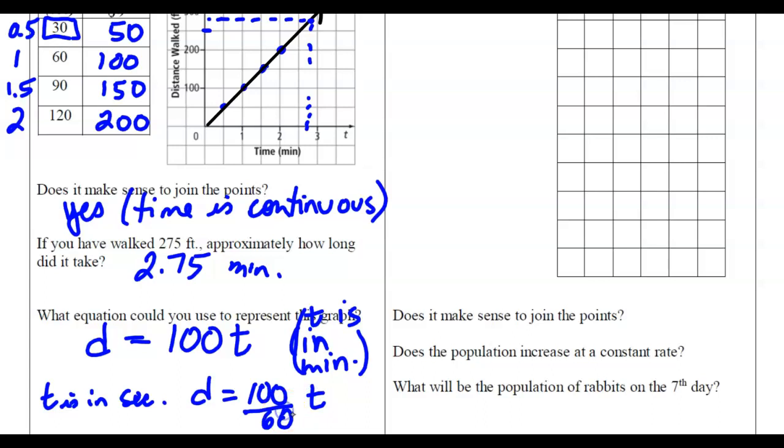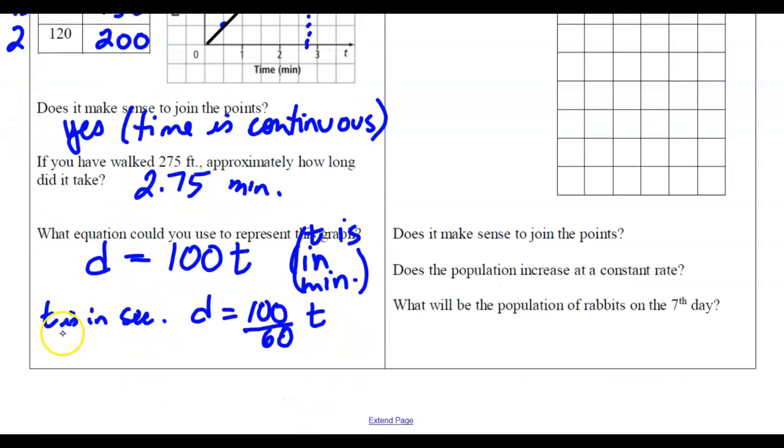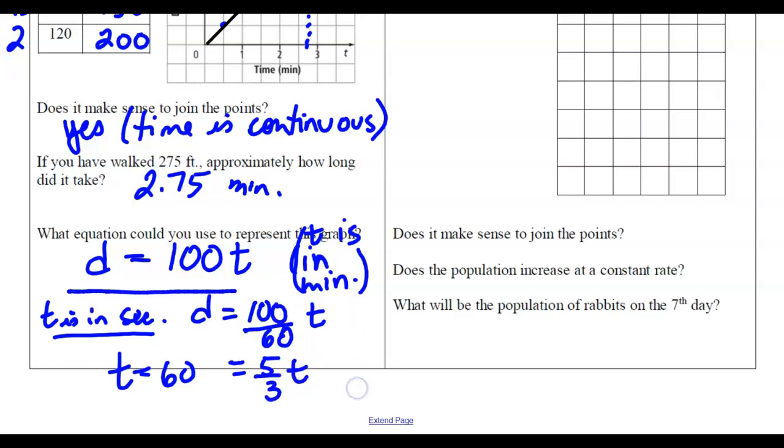So if you think about that, if you put t equals 60 in there, that's 1 minute, so you should get 100. They would divide out. Now we can simplify that to 10 over 6, which reduces to 5 over 3 t, if t is measured in seconds.